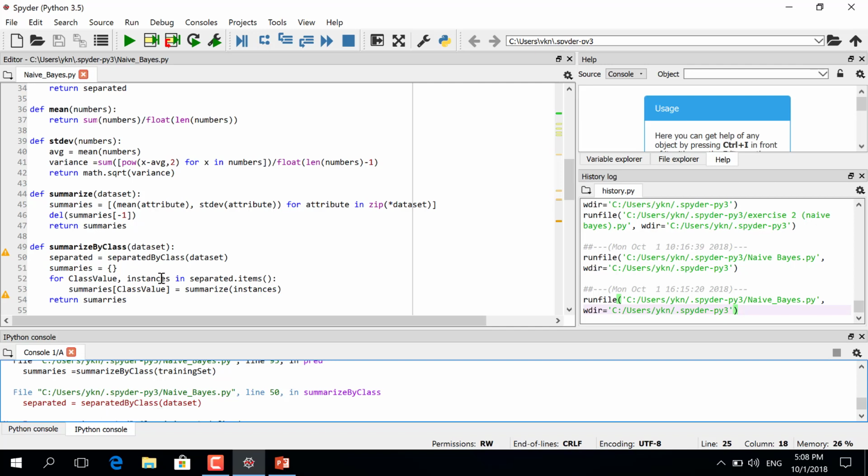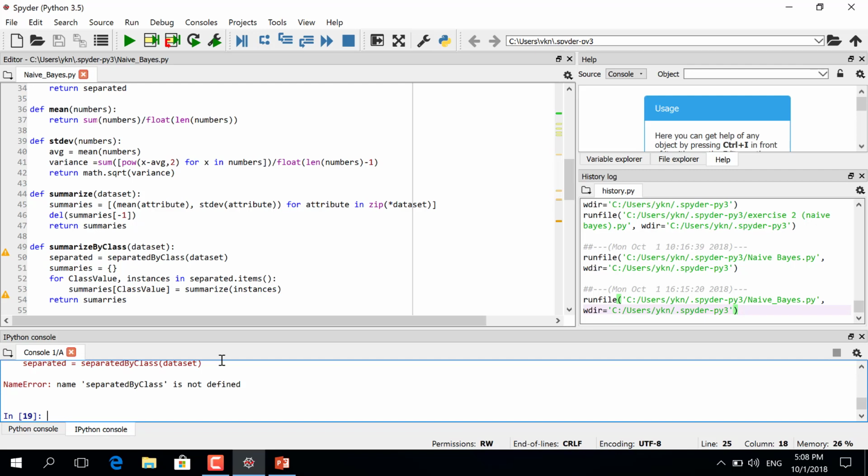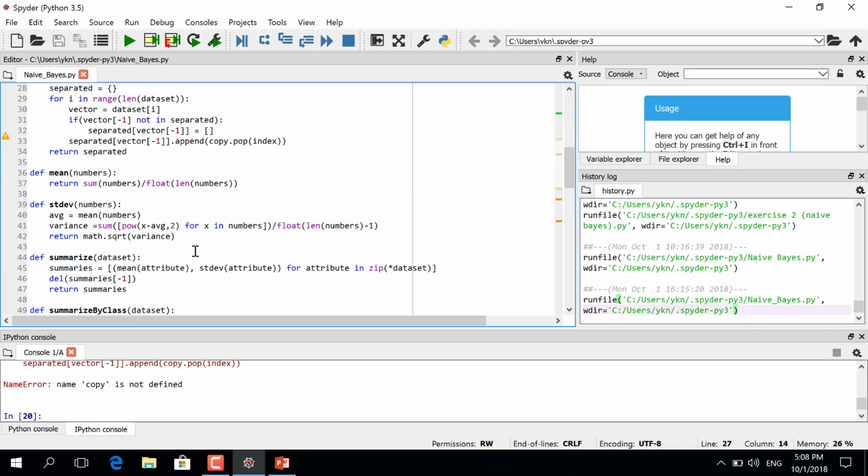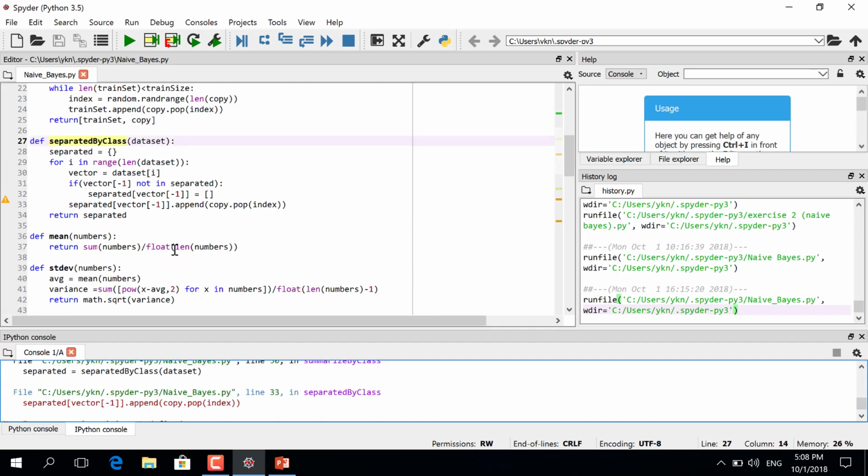So what happened here? Separated equal to separated by class. It's not defined. All right. Separated by class. Copy, which one copy here? Line 33.